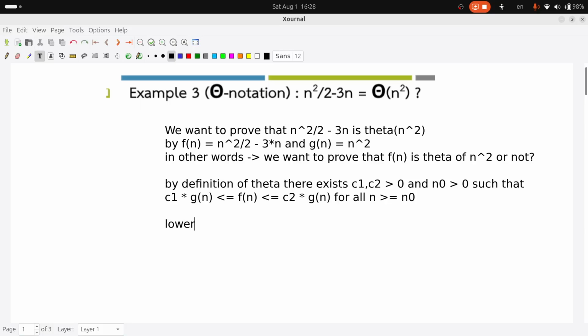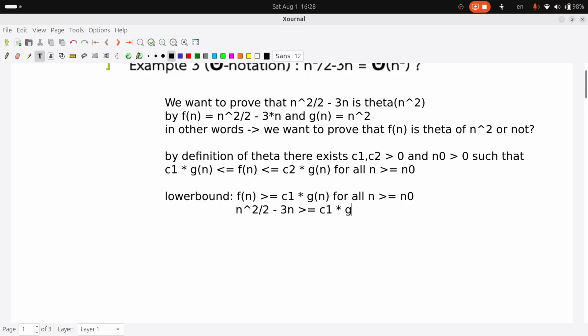For the lower bound, the inequality is c1 multiplied by g(n) is less than or equal to f(n). Let me rephrase this with the real expression: n squared divided by 2 minus 3n is greater than or equal to some constant c1 multiplied by g(n), for all n greater than 0.